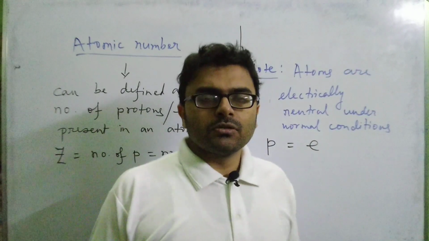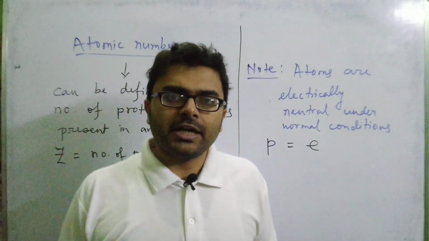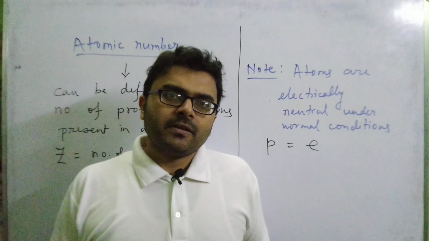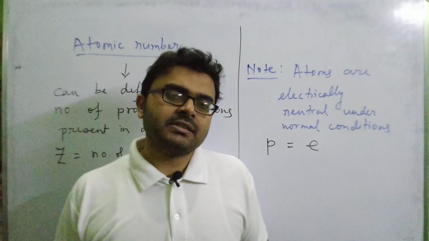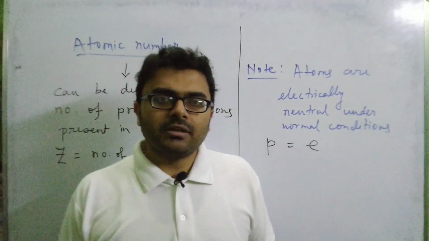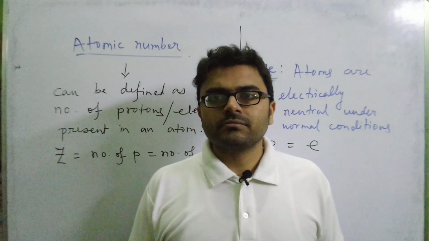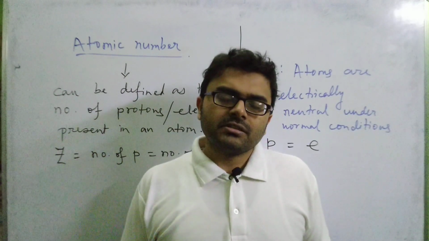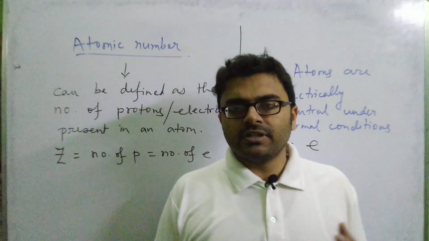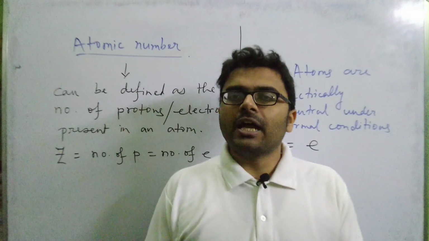By recognizing the atomic number of a particular atom, we can understand which element that particular atom belongs to. Elements like sodium, iron, calcium, carbon, nitrogen, oxygen, all these are elements. Each atom of the different elements has a different atomic number.